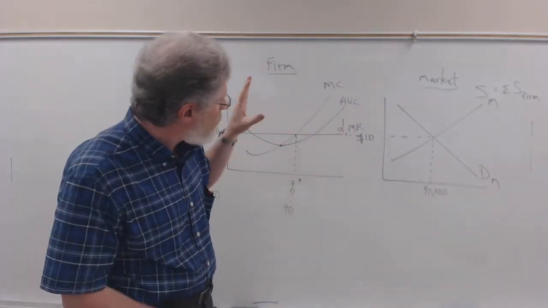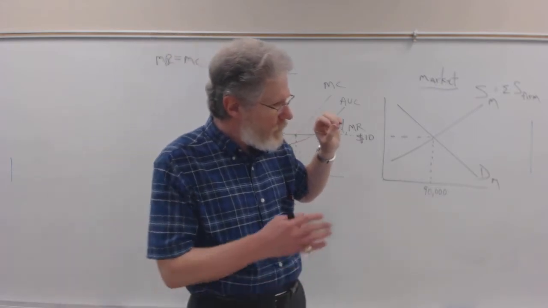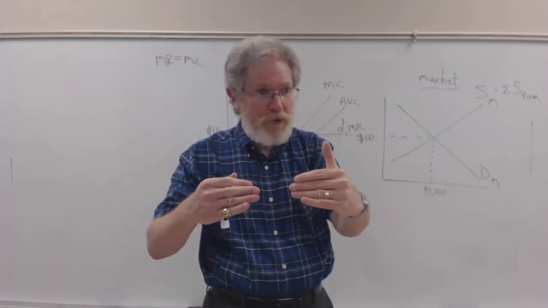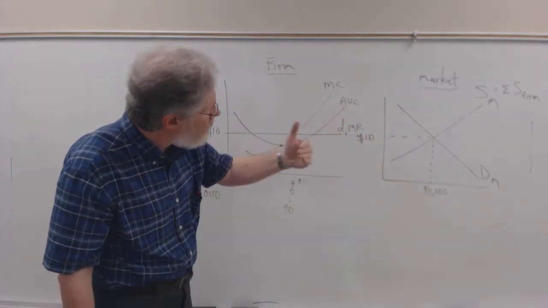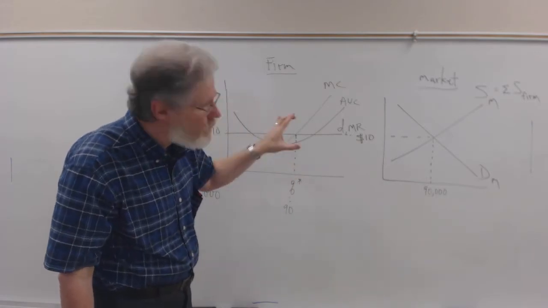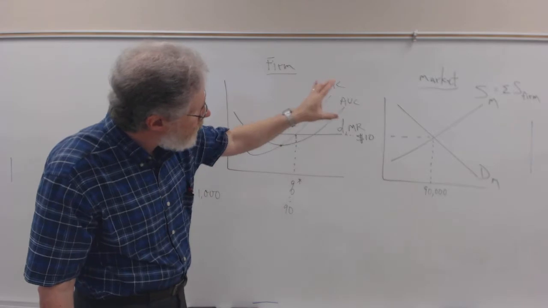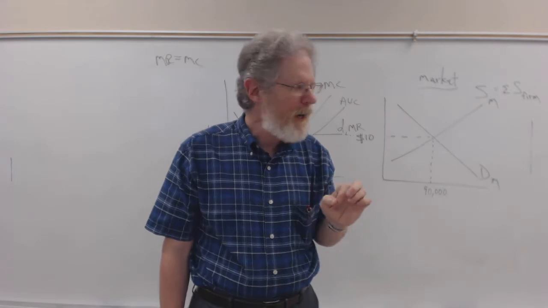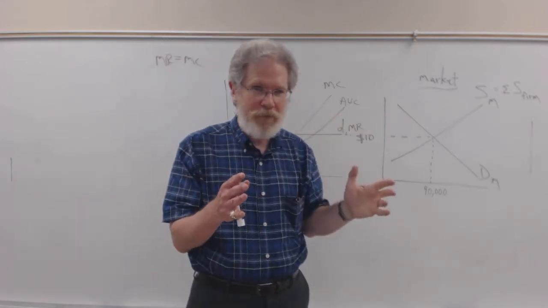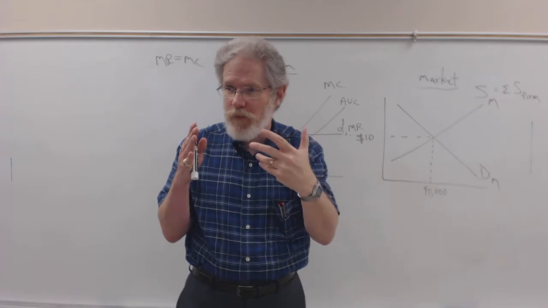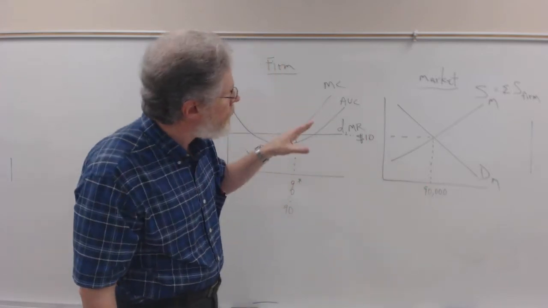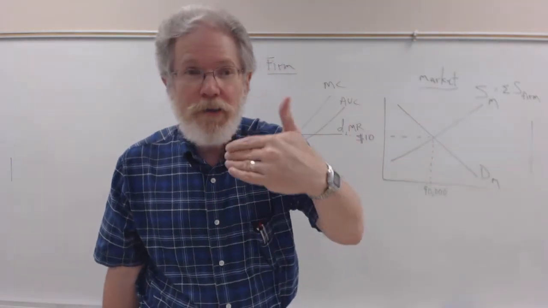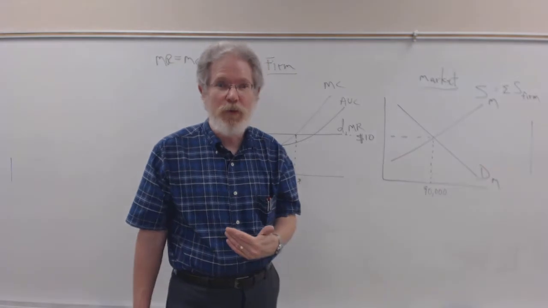Because if the firm can do a better job of figuring out what consumers want, or can find a way to lower the cost of producing that product and giving it to the customer, then the producer benefits. The key to thinking about all of this is that profit drives what the producer is doing. And when consumers really want something, it's going to be very profitable for firms to produce that. So as the firms are trying to get profits, they are also trying to do the best they can to give consumers what they want.